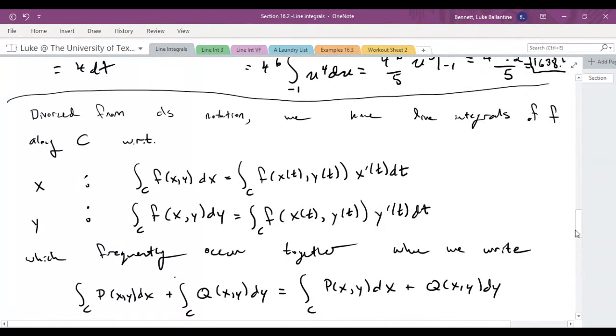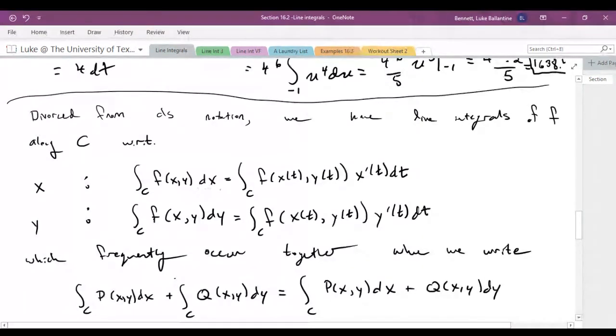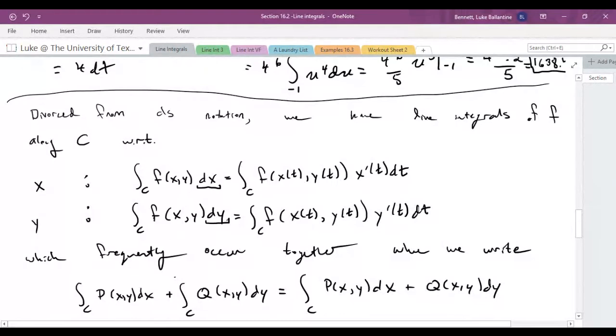So now there's also some line integrals of f with respect to x. Notice that instead of ds, we have dx, and instead of ds, we have dy. Well, you just plug in your parameterization for x and y and calculate dx. dx is x prime of t dt. dy is y prime of t dt.